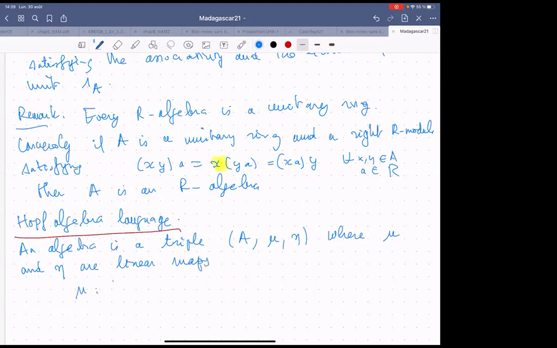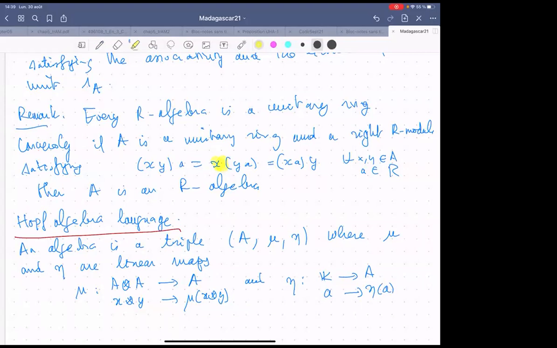Then mu is a map going from A tensor A to A, to x tensor y we associate mu of x tensor y. And eta is a map going from K to A, and to a we associate eta of a.